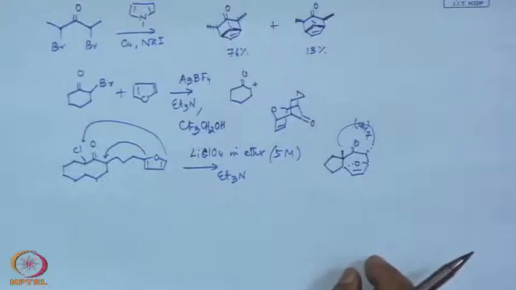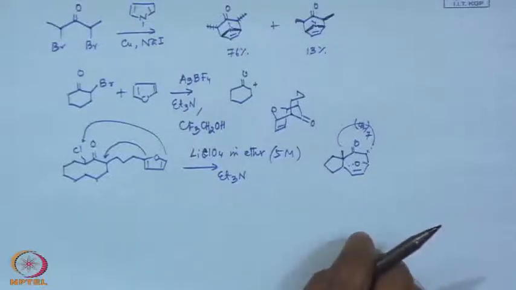Okay. So, from dibromo to monobromo, then to monochloro. Now, let us see, you have to go to this Peter Sykes. How many ways can you produce a carbocation?